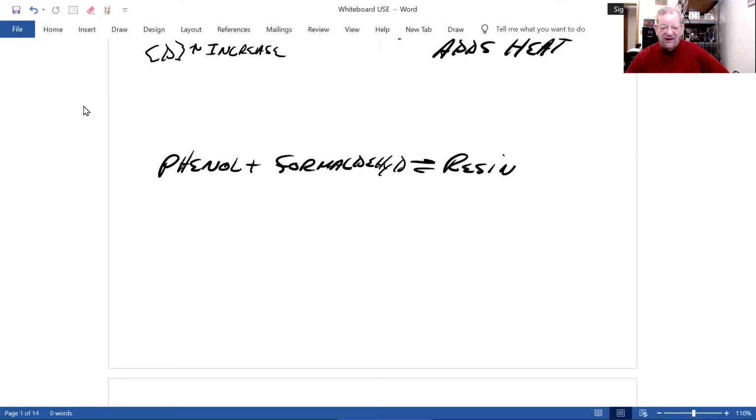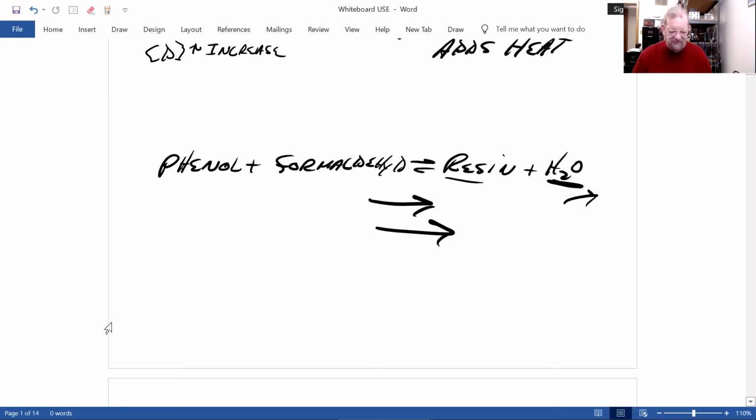That's a fancy name for glue, and water. To make this shift this way, to make the resin, we first of all added a catalyst, but this was a super slow reaction. And when you were making water, we'd remove it. And that helped shift this to this side and make it go quicker. And that's how we made the resin.